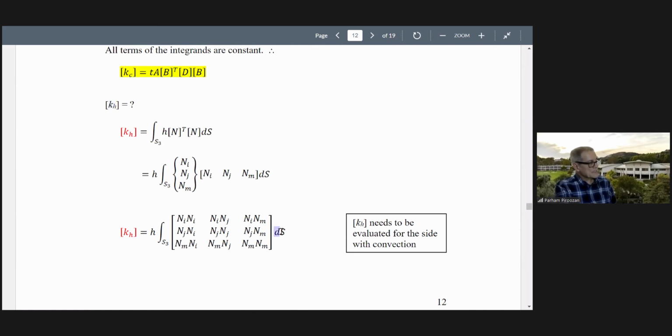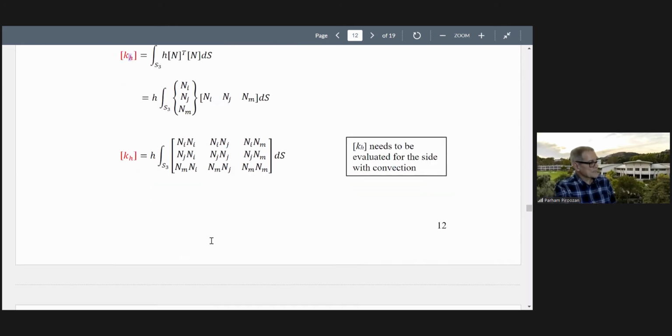We need to integrate over the surface where convection is taking place, but it depends on which side. So K sub H needs to be evaluated for the side with convection. We can move forward with this unless we apply it to a case.